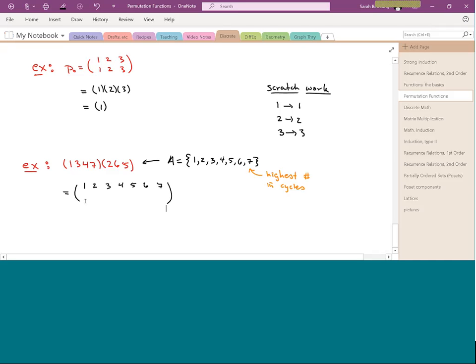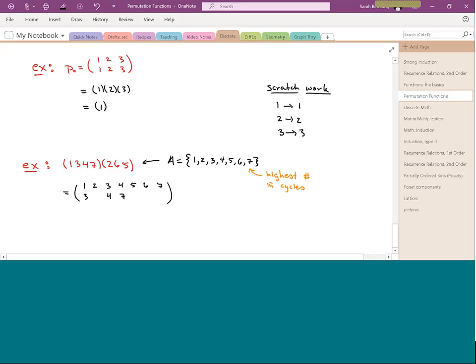Now, remember the order that happened in the cycle notation. 1 is mapped to 3 because it's the number right after 1. So 1 gets mapped to 3. 4 is right after 3, so 3 gets mapped to 4. 7 is right after 4, so 4 gets mapped to 7.